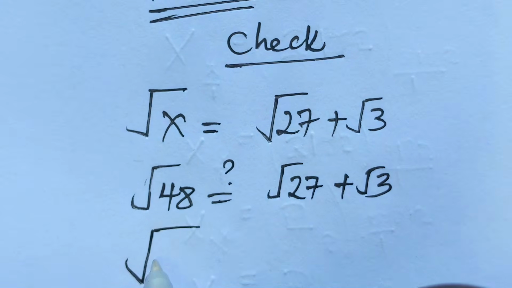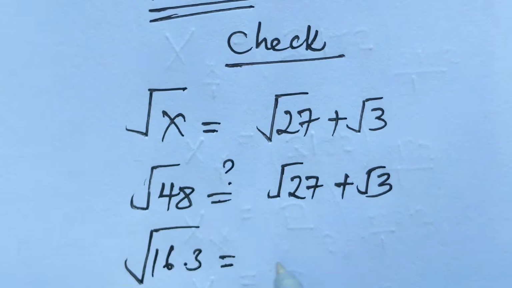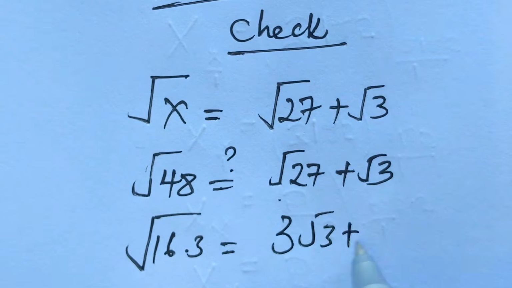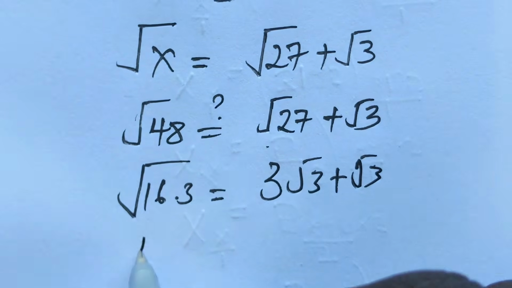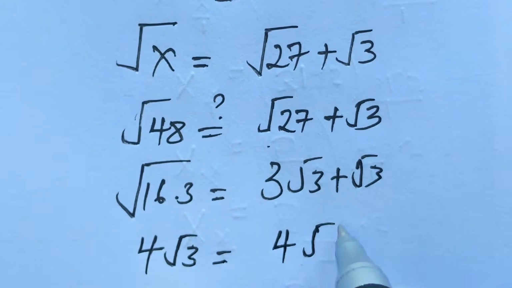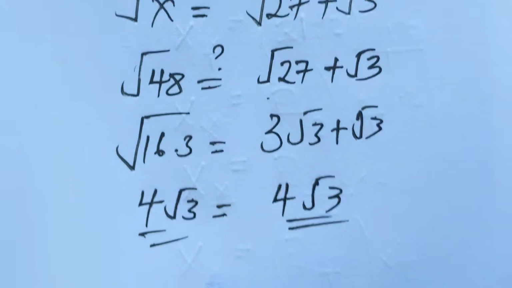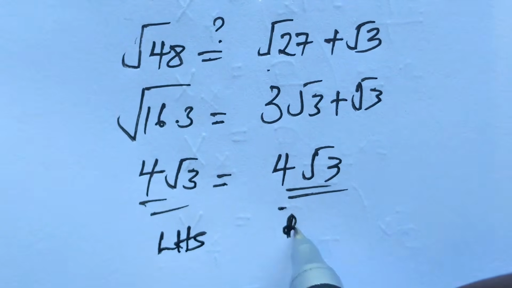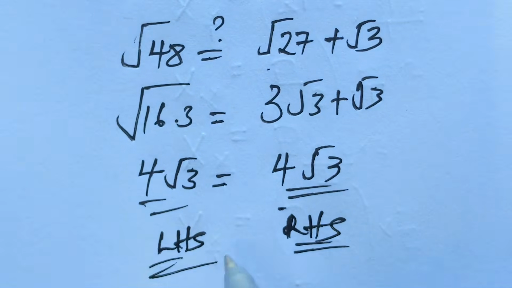And of course this is square root of 16 times 3 which equals, here we have seen that this is square root of 3 plus square root of 3, and of course this will be 4 square root of 3 which equals 4 square root of 3. So here left hand side equals right hand side.